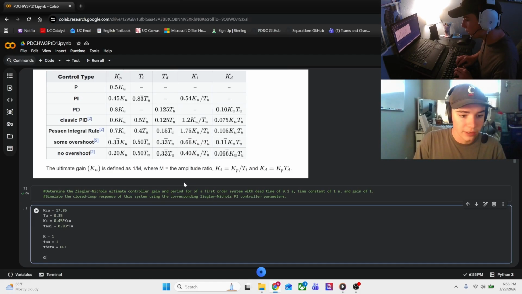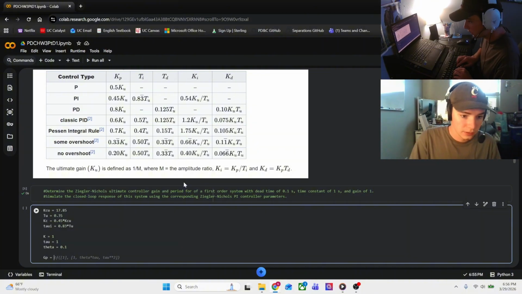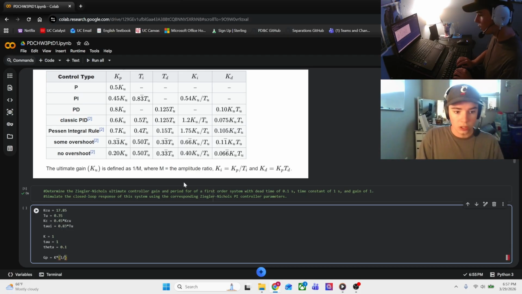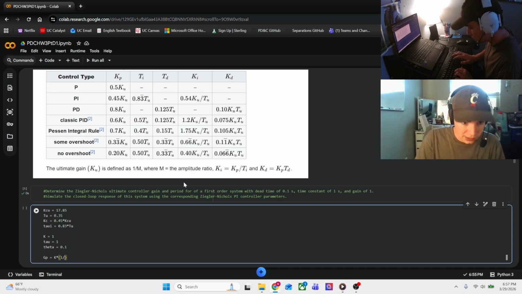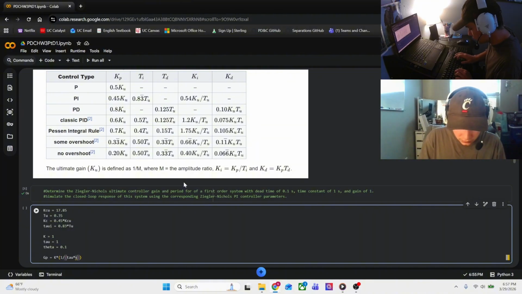So we know that our GP is going to equal, what I have up here, K times 1 over tau times S plus 1 from that equation we found up on the board there.